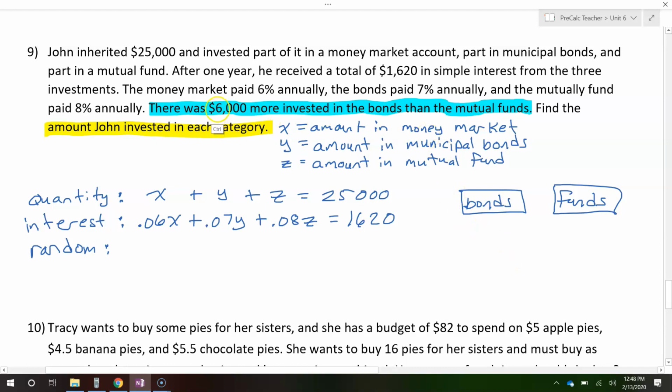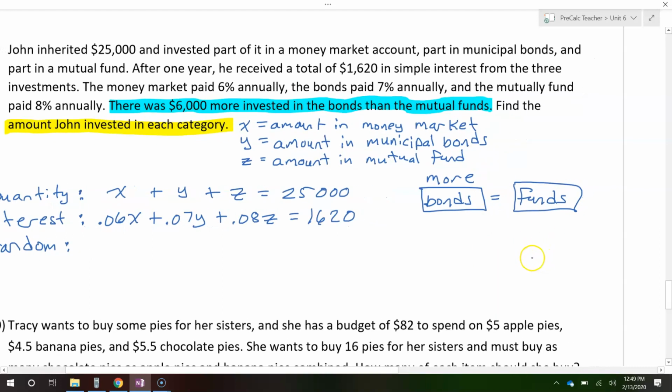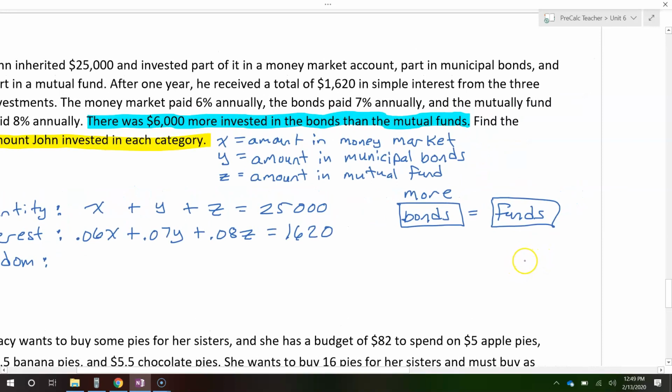Bonds have 6,000 more than mutual funds. So to balance out this equation, I'm going to add 6,000 to the mutual fund, because it is less. If I want them to be equal, I need to take the smaller amount and add the extra 6,000.